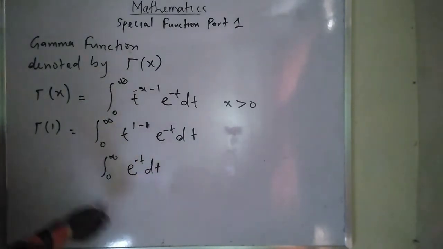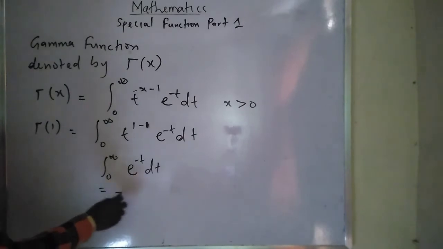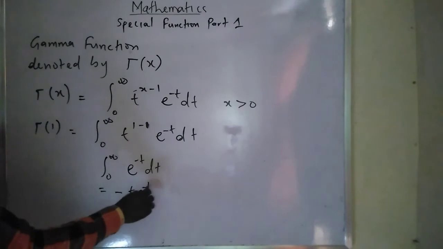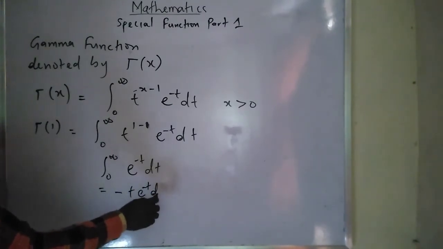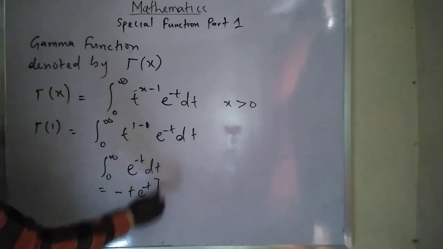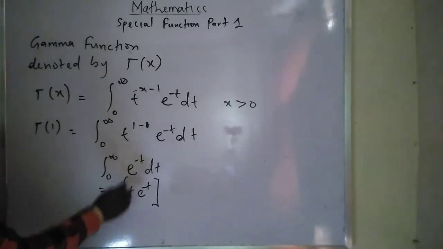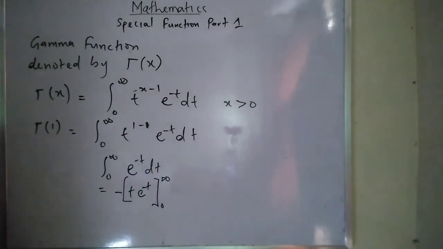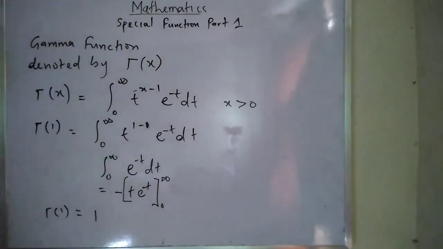If I integrate this, I'll have minus e raised to power minus t, evaluated from infinity to 0. By so doing, it will be equal to 1. When you find the limit of this particular function, it will surely be equal to 1. Now, that is the intro part of it.